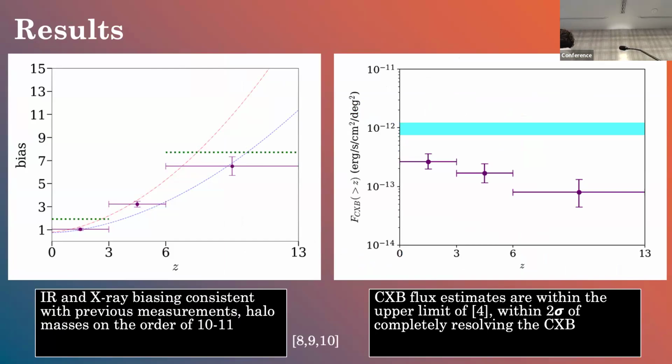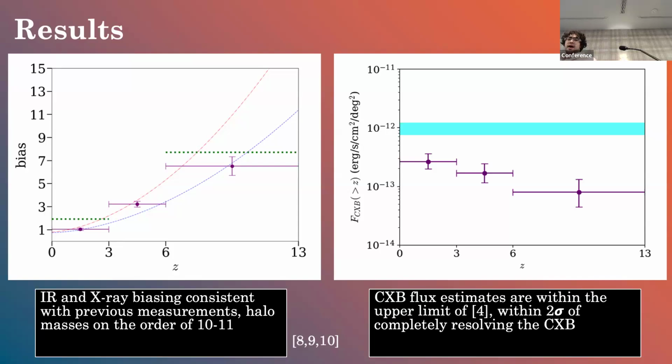From these maps, we can compute the galaxy biasing, the purple being the infrared COSMOS-Web sources, and the green lines being estimates from the X-ray. They're kind of what you would expect. They're a bit higher than the star-forming galaxies traced by COSMOS-Web.